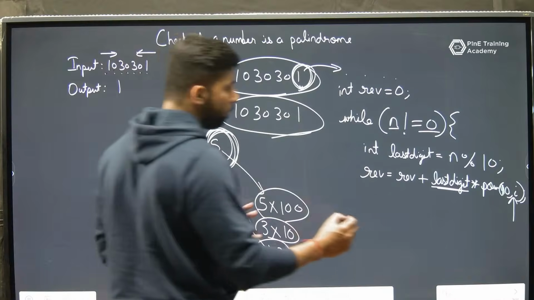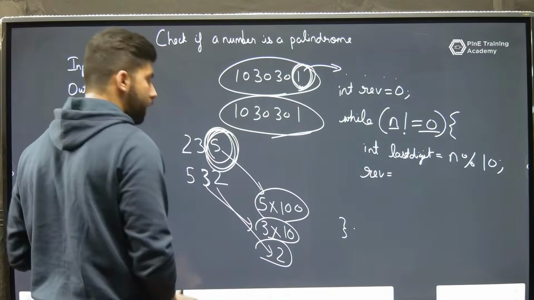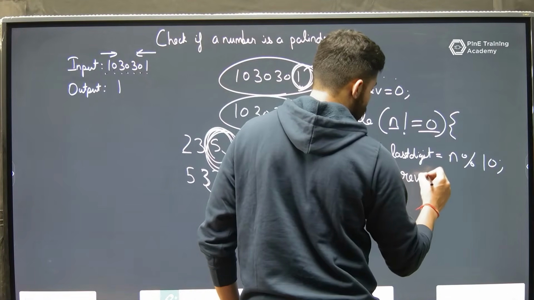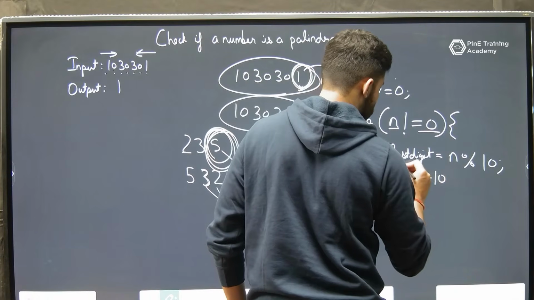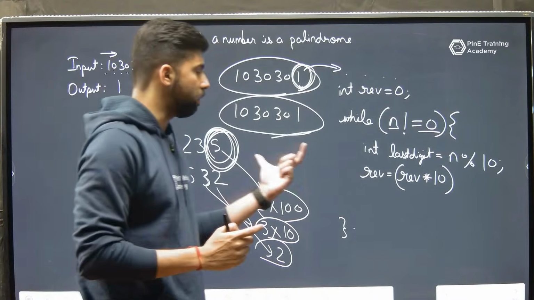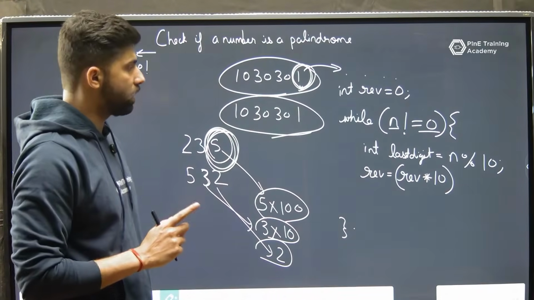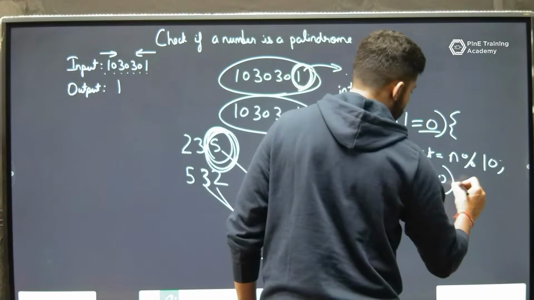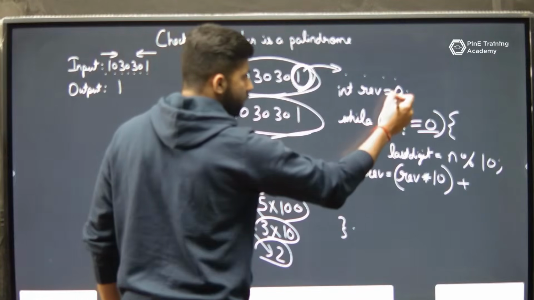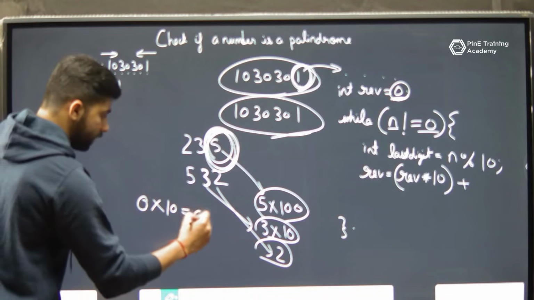The simpler part can be if you change this particular logic, and first multiply your previous reverse by 10, and then add the last digit. So what will happen now? Initially my rev was 0, and 0 multiplied by 10 is 0, right?